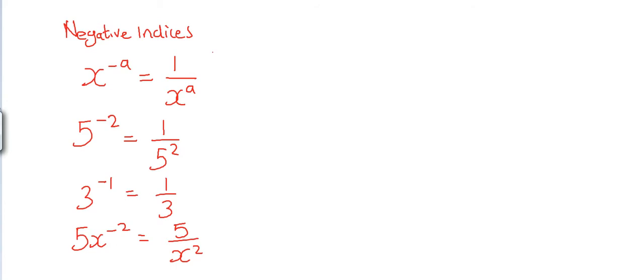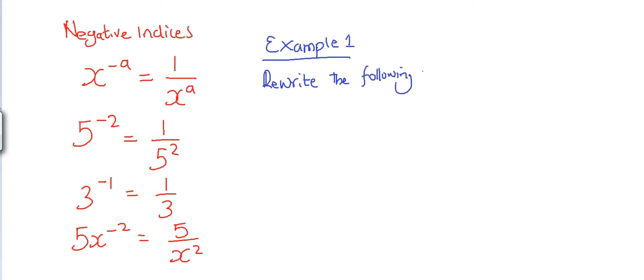Okay, let's do some examples now. So let's do example 1. We're given: rewrite the following in the form 2 to the n.